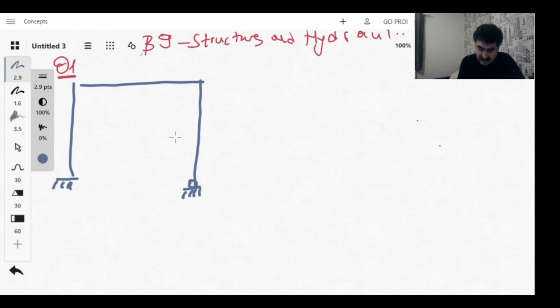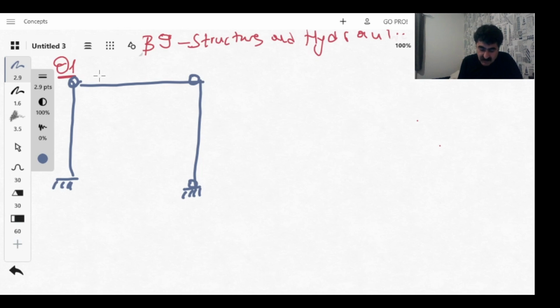But maybe to avoid this, especially in non-earthquake regions, we use hinges in the beam. So if you have hinges in the beam, you can consider this beam as a simple beam. So in the joints there will not be any moment. If you have moment at the joints, you need to transfer this moment to the columns as well.